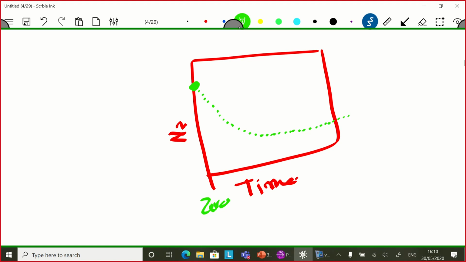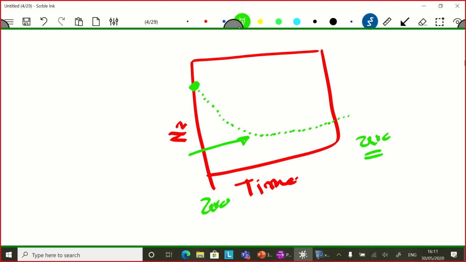So you've noticed here that the amount of nitrogen has not dropped to zero, isn't it? So we didn't consume all the nitrogen. And this is one of the ways we can tell that you have a reversible reaction, or you have an equilibrium, is that the reactant has not reached zero.